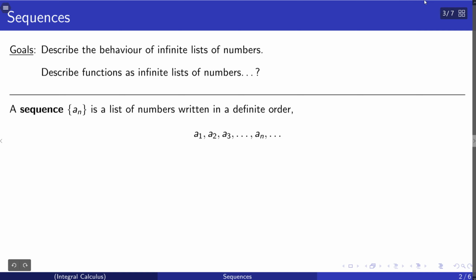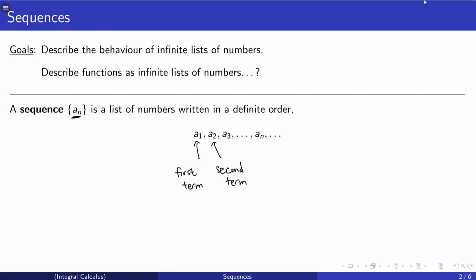But we're going to use notation that looks like this, a sub n, to denote that it's a list of numbers where the first term is called a sub 1, with a subscript 1. The second term in your list of numbers is a sub 2, and so on. You have a third term, the nth term is a sub n, and this list goes on forever.